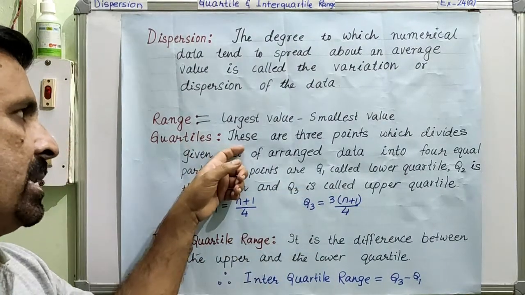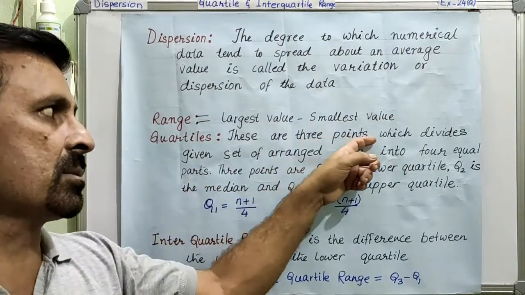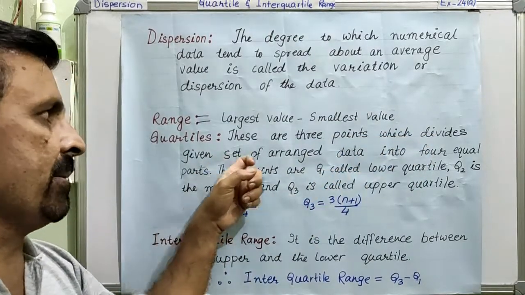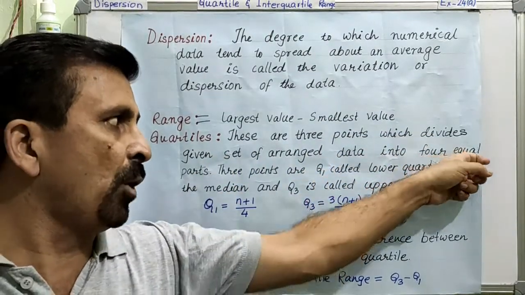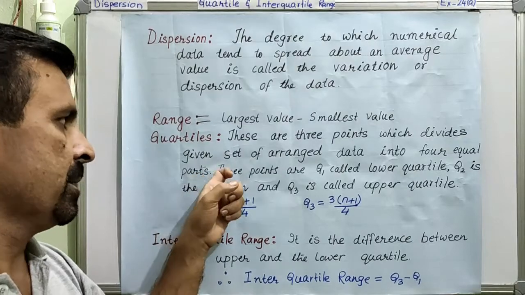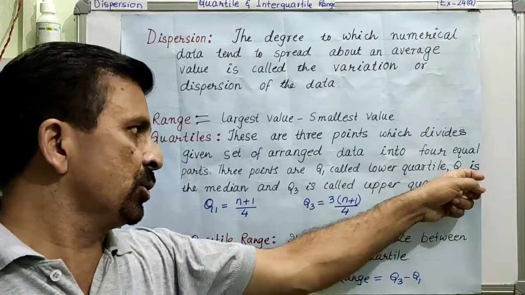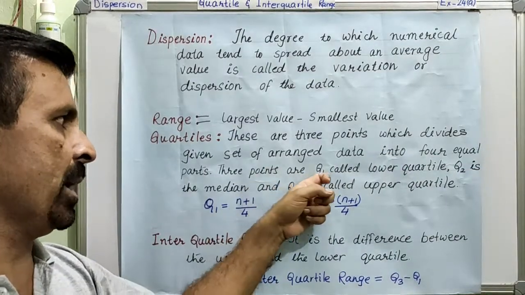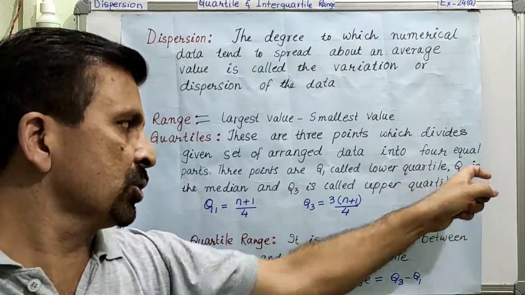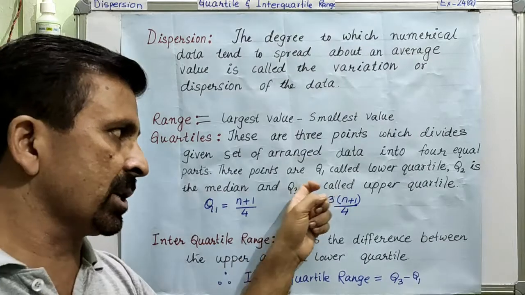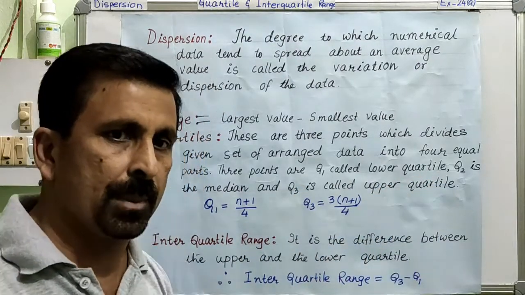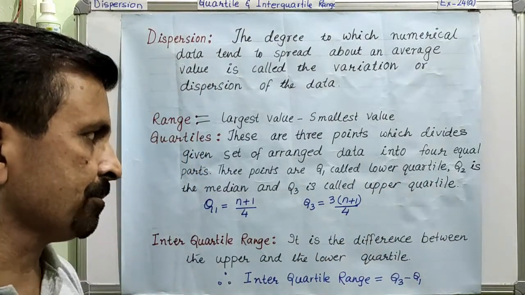This is the definition of quartile. Quartiles are those 3 points which divide the given set of arranged data into 4 equal parts: Q1 is the lower quartile, Q2 is the median, and Q3 is the upper quartile.